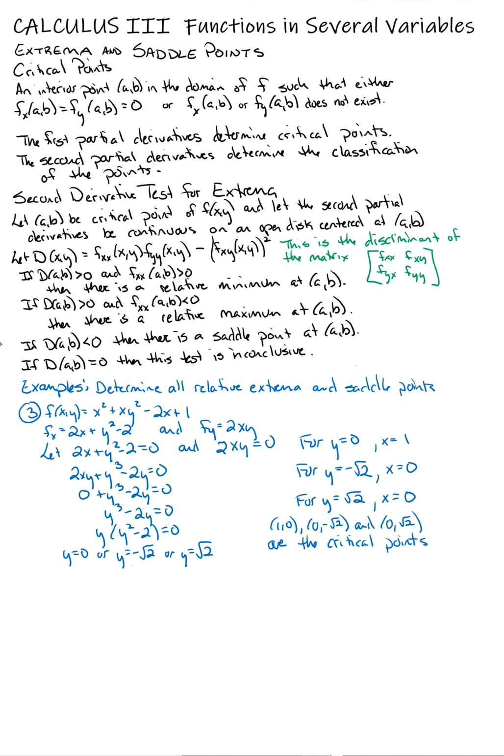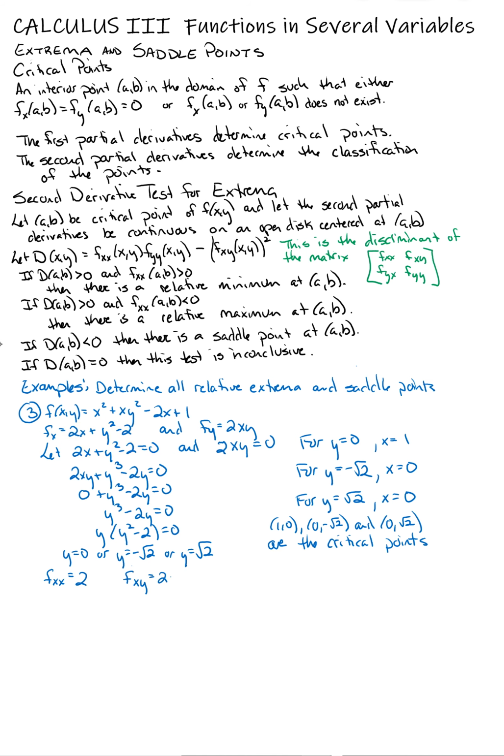If we find the second partial with respect to x, we take the derivative again with respect to x. That gives us 2. Take that same one, but now take the derivative with respect to y.